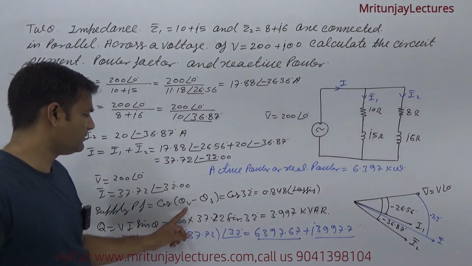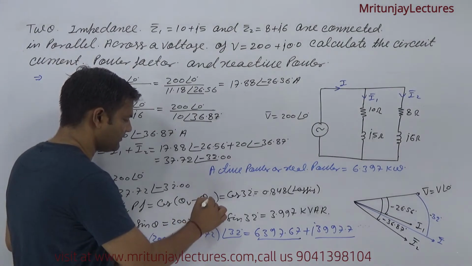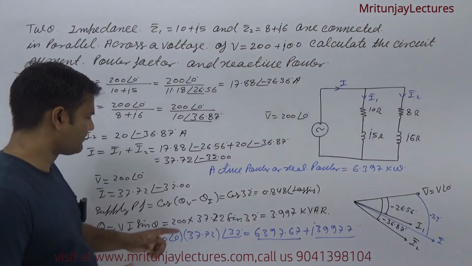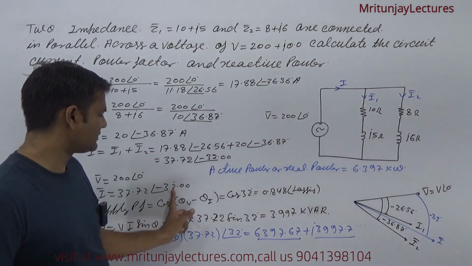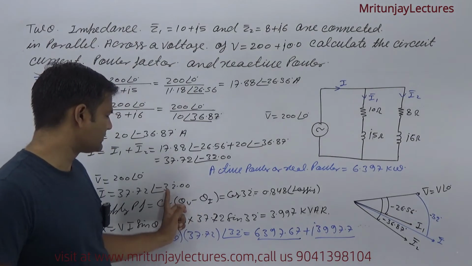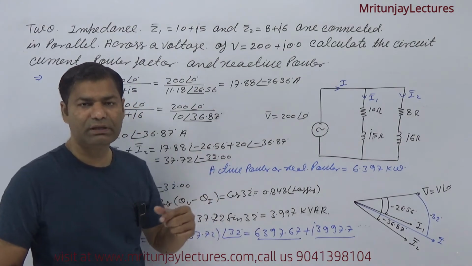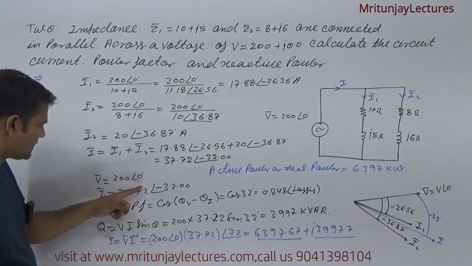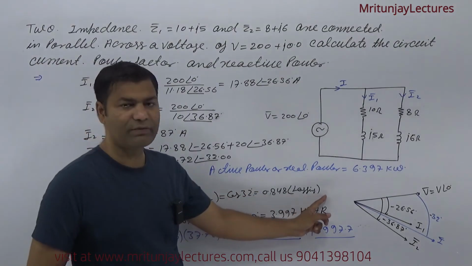Okay, theta V is 0 and theta I is minus 32, so minus minus gives plus, so cos like this one. The current is lagging the voltage, so the power factor is lagging.